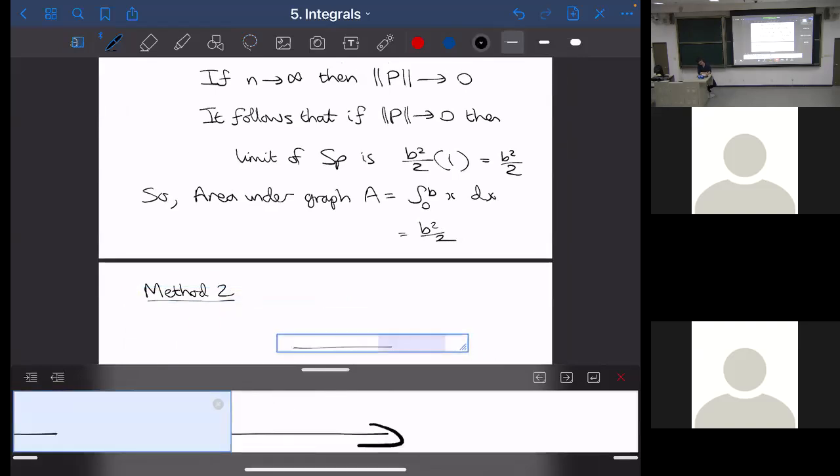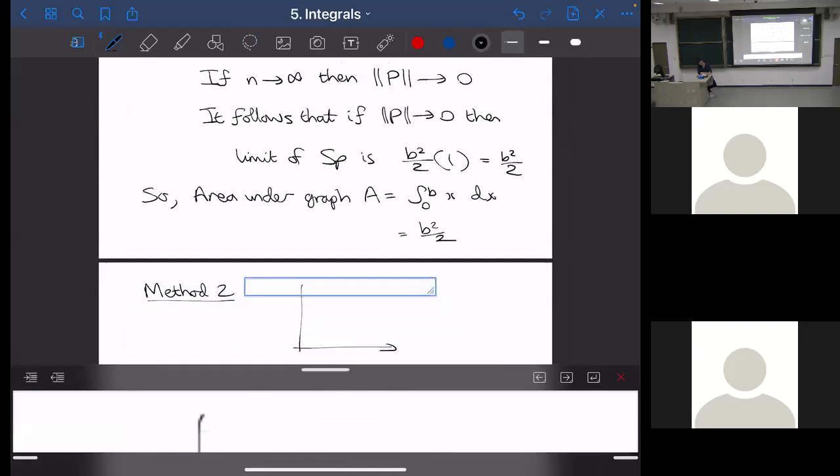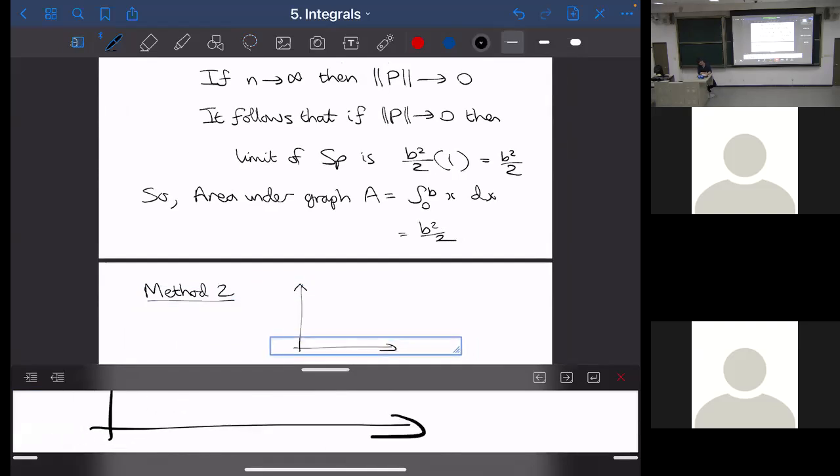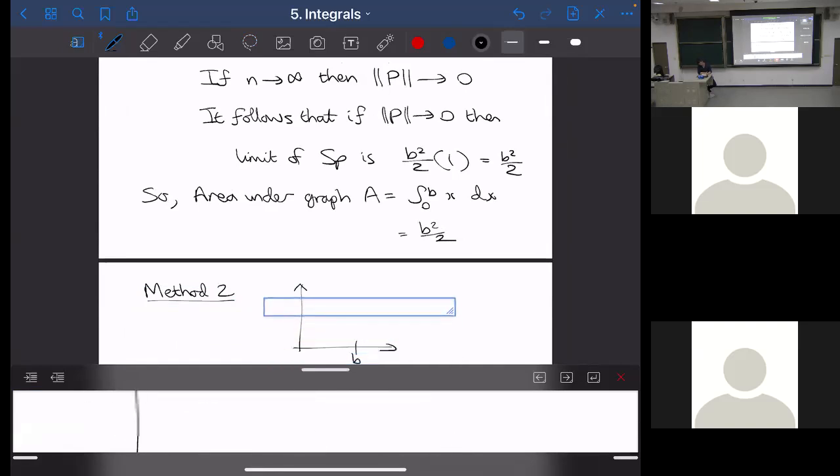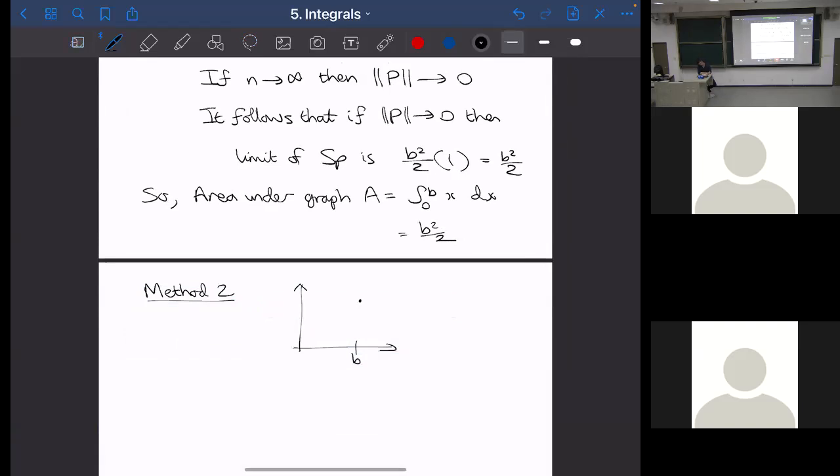So now let's look at the graph. If this is b, so this is the graph, then this area, this is b as well. The area is, of course, b squared over 2.